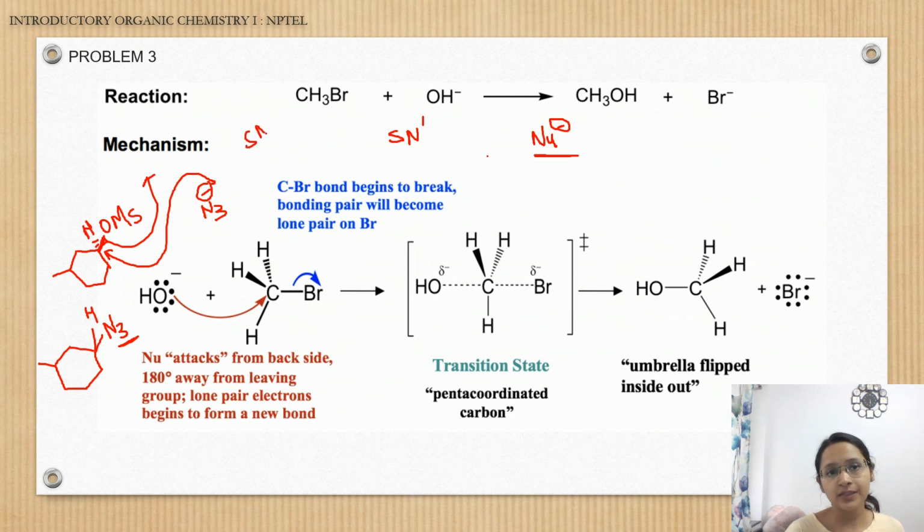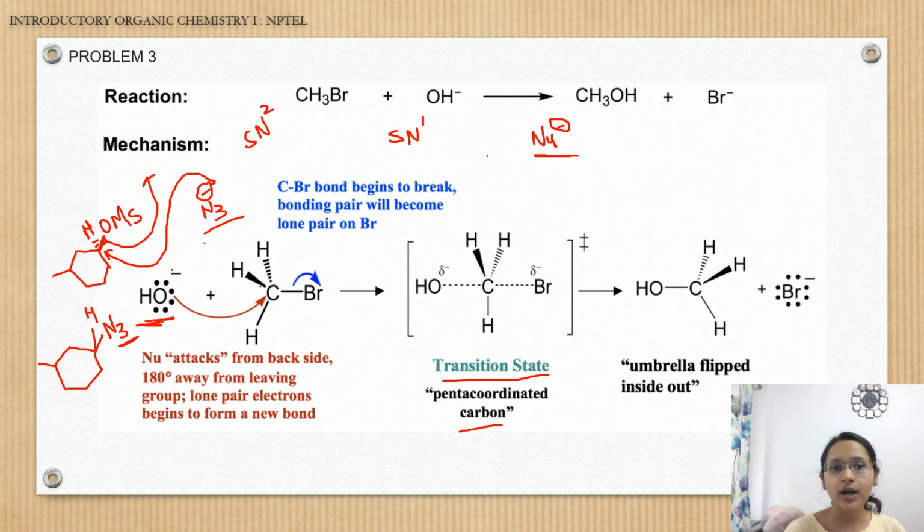SN2 is very specific, because there is a transition state, a penta-coordinated carbon, getting formed. From where your leaving group leaves, the nucleophile has to attack opposite of that, right? So the nucleophile, as you can see here, is attacking from the backside of the leaving group.